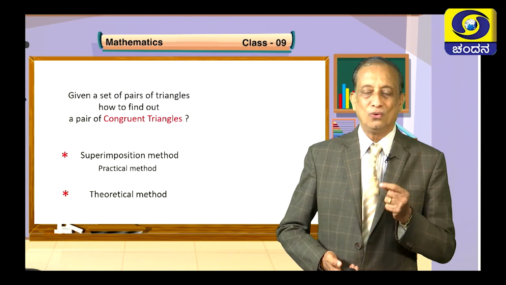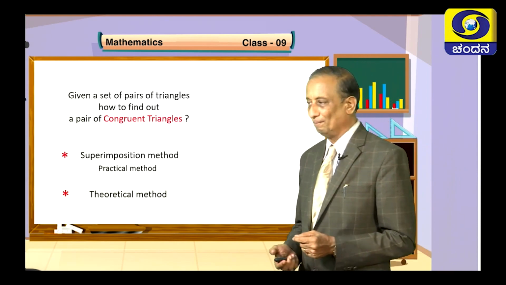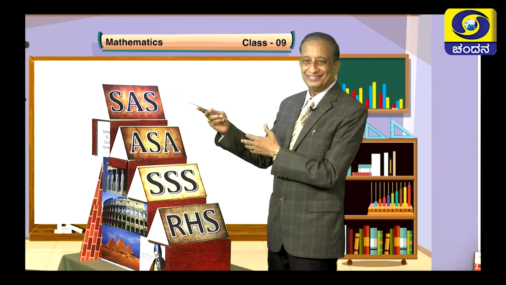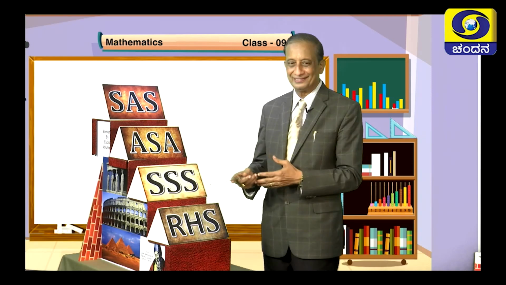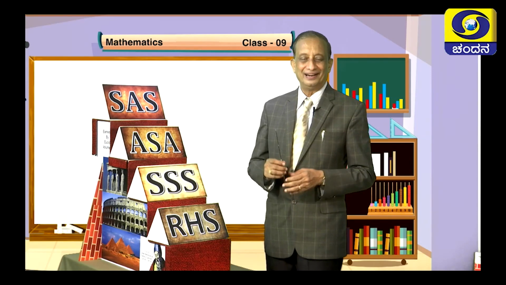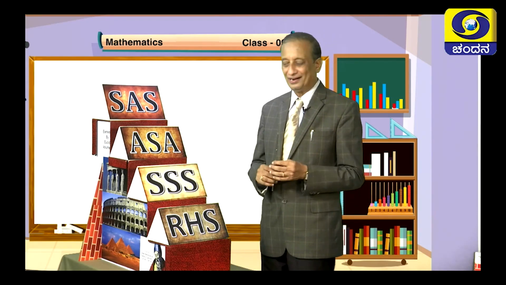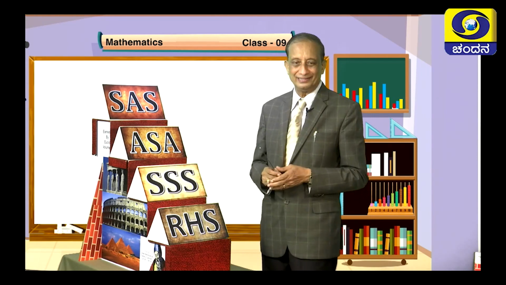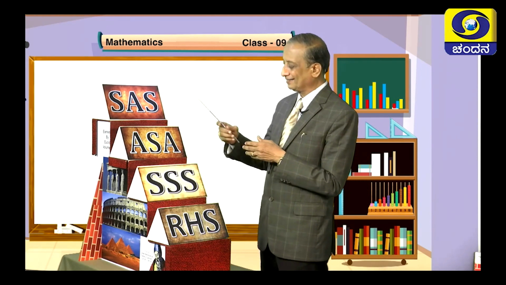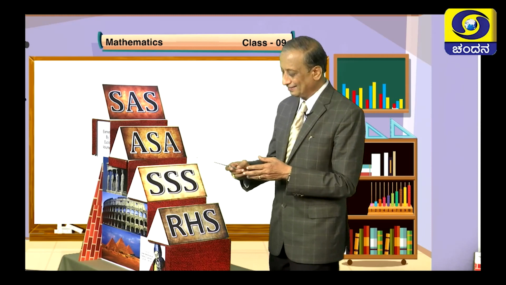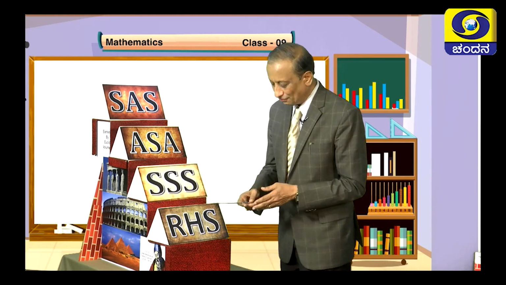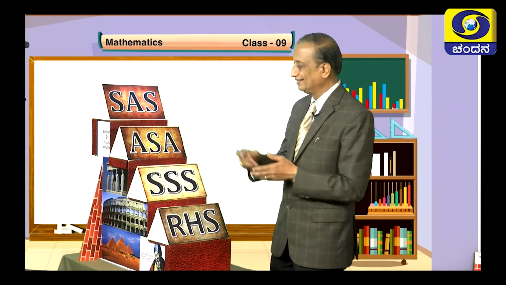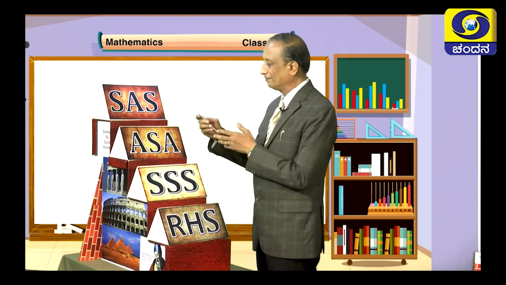Here we go. Friends, these are the 4 criteria by which we can decide congruent triangles. The first being SAS, the second ASA, the third SSS, the fourth RHS. This is given as an axiom in our textbook.